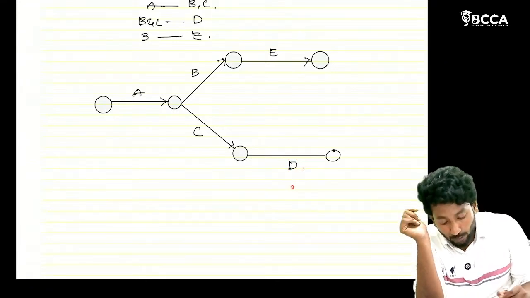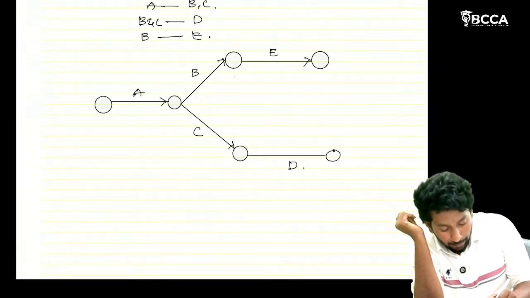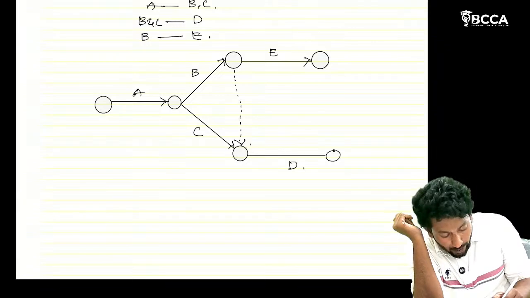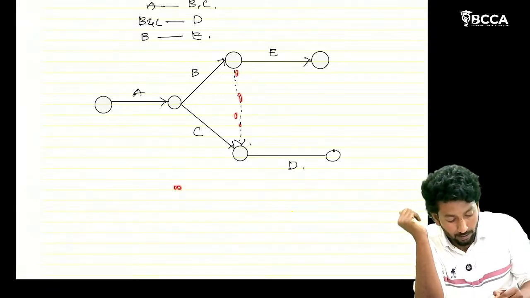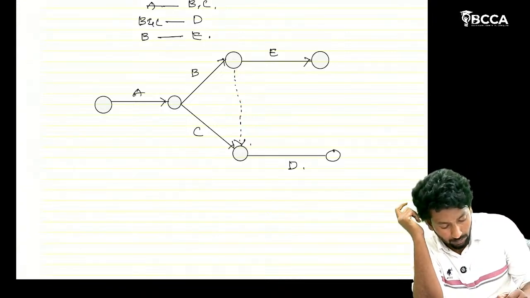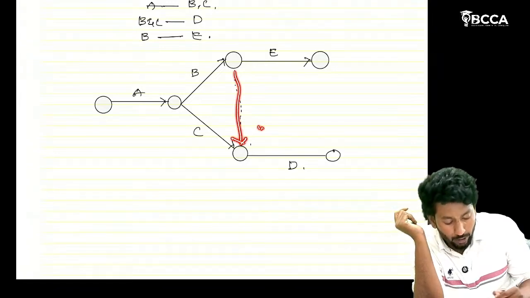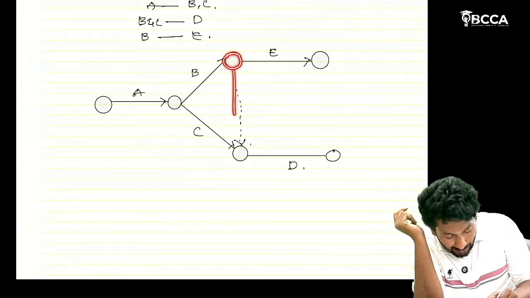Okay, so to satisfy that condition, we have to draw a dummy like this, sir. Okay, from B to C, we have to draw a dummy. This dummy means zero time and zero resources. Okay, so immediately after B ends, the dummy connects here.